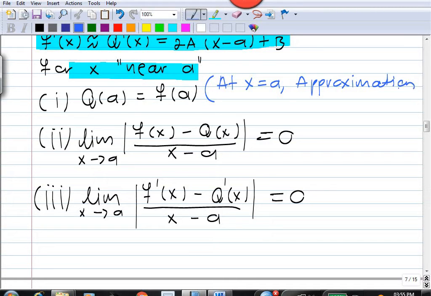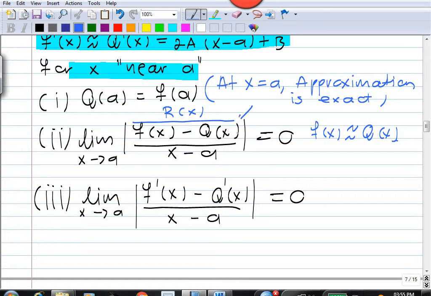We get the exact value for f using our approximation when we set x equal to a. And now, second, we want these approximations to be good. So again, if we think of f of x being approximated by the quadratic q, then we have to look at this relative error. This is the same relative error we had before, except now we have a quadratic instead of a linear function.